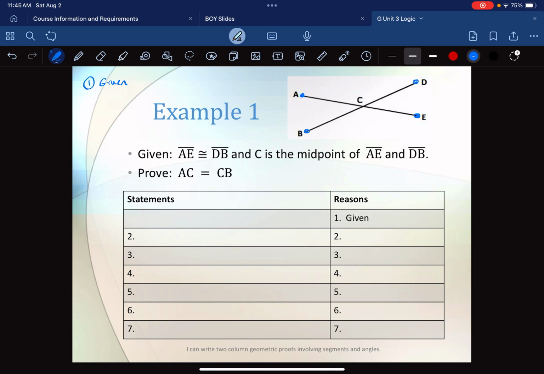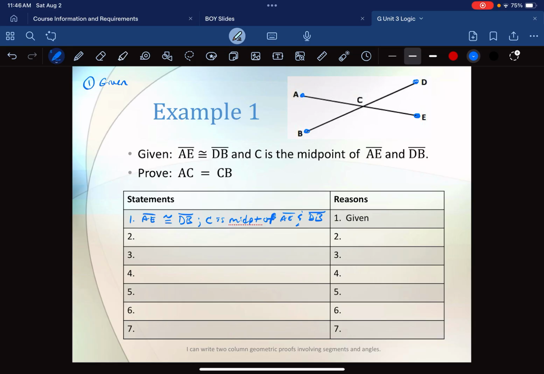So for statement 1, I'm just going to list here that AE is congruent to DB, and I'm going to put C is the midpoint of AE and DB.